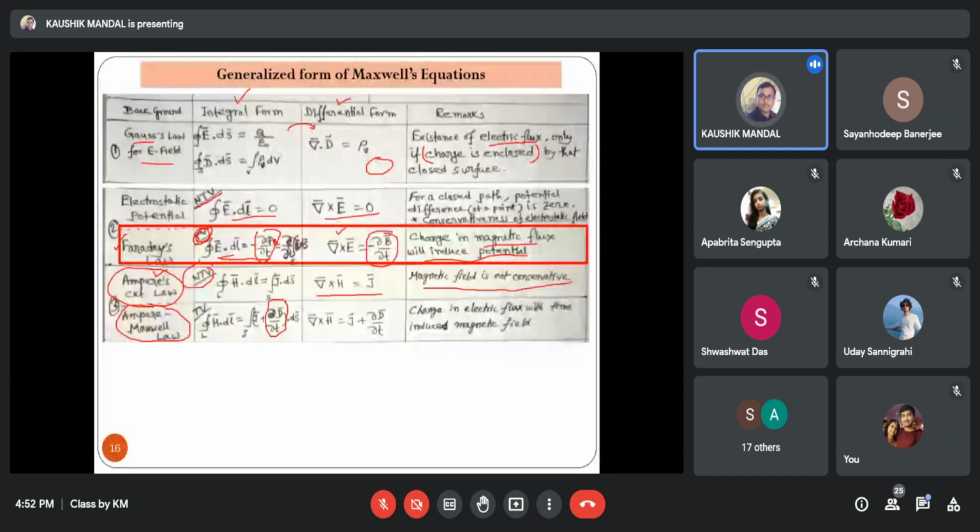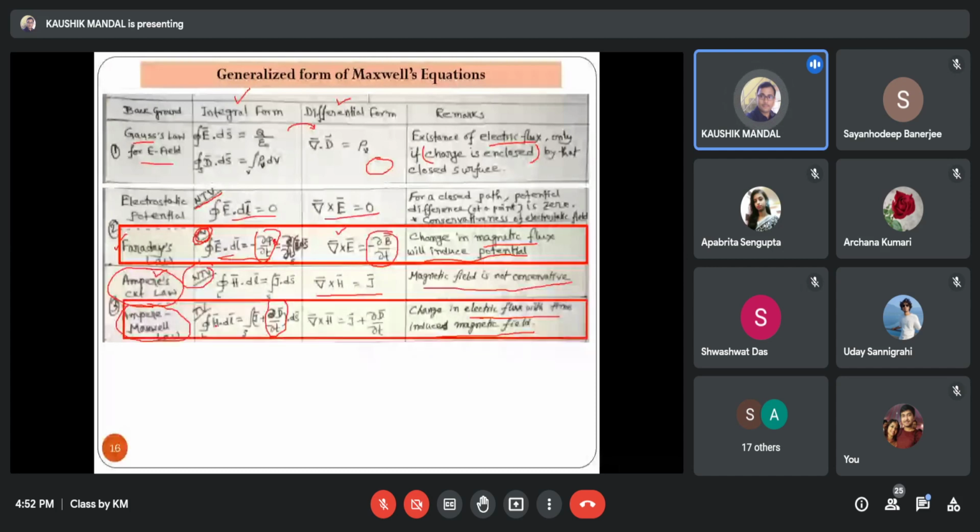So this describes that the change in electric flux with respect to time will induce the magnetic field. This second one is basically the Maxwell's third equation for the time varying field. So you can count in that way.